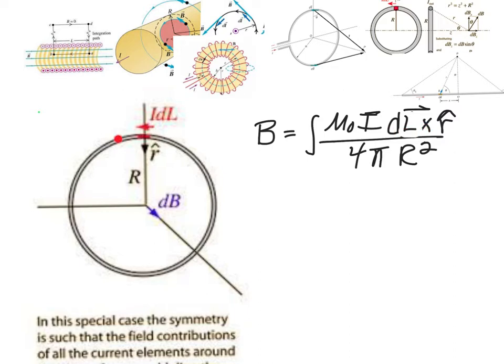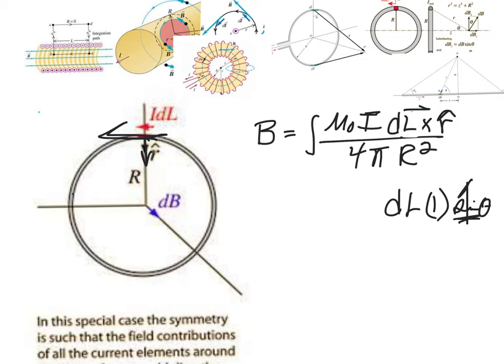And at every point along the wire, we do dl cross r hat. So you see dl in this spot is in this direction, and the r hat points toward the center, so they're perpendicular, right? The dl cross r hat is dl times r hat, which is 1 unit vector, times the sine of the angle, and if the angle here is 90 degrees, the sine is 1.